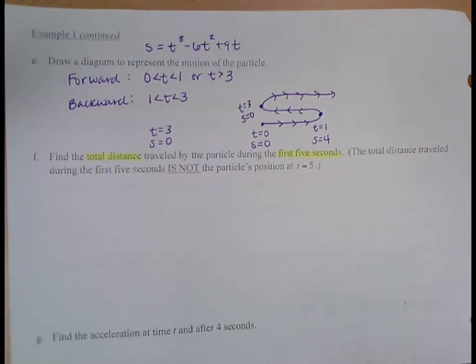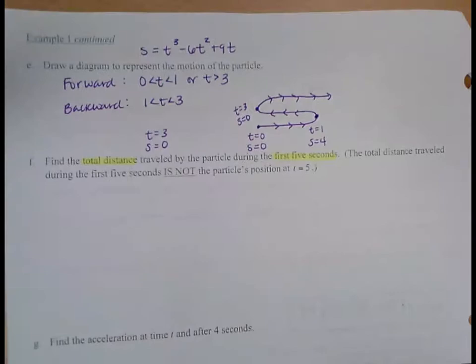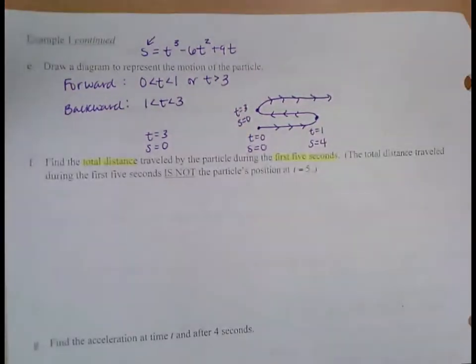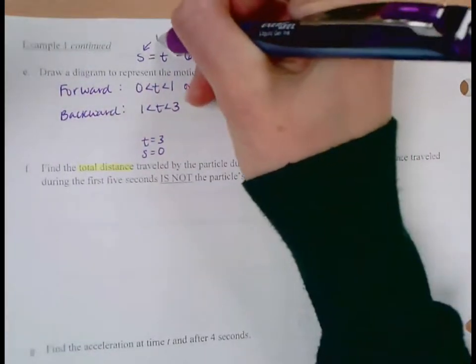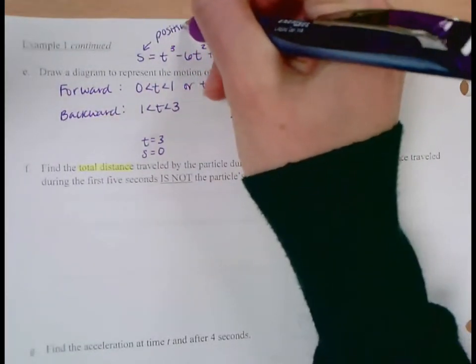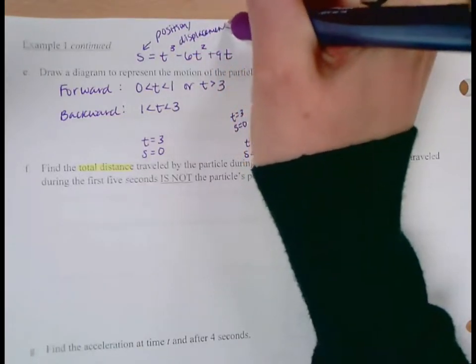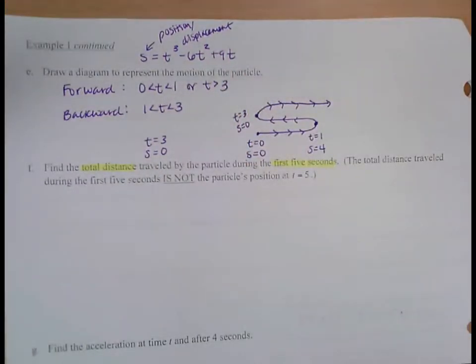And I did give a hint there that the total distance traveled during the first 5 seconds is not the particle's position at t equals 5. So this function that we're given represents the position or the displacement. It does not represent the distance that it has traveled.